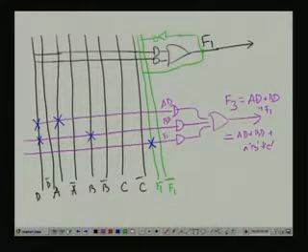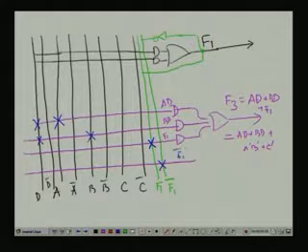Similarly, F3 is nothing but some function plus F1 dash. In that case, I will be taking another line, which takes that F1 dash as the input. So, this is my F1 dash. This is F1 dash.